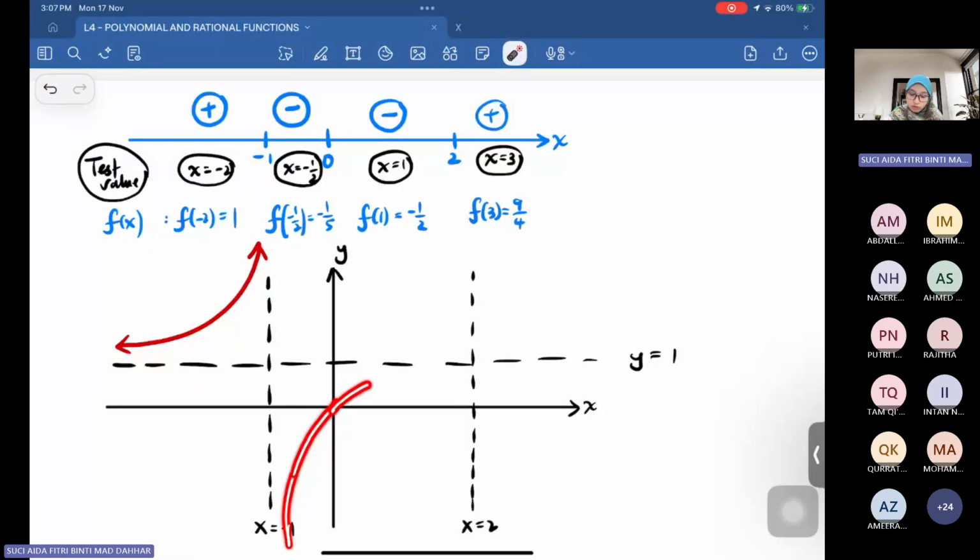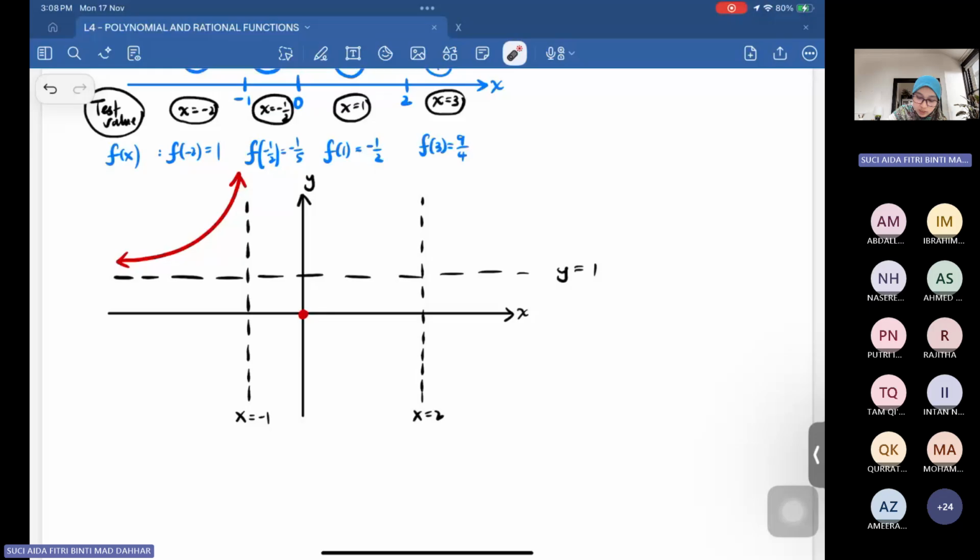Can you continue going up? Are you allowed to continue going up? This one? Cannot, because this is already above the x-axis. And remember, for this region, the sign of your y is negative. That means after you meet the 0, you cannot continue going up. You have to turn around so that your y remains negative.